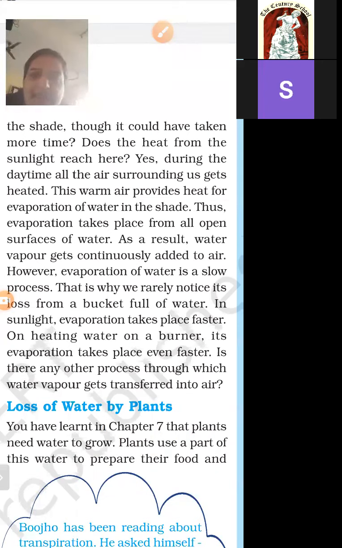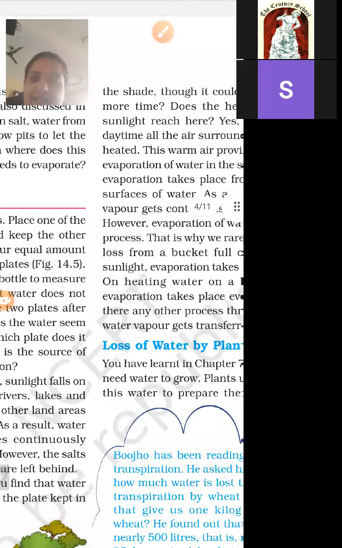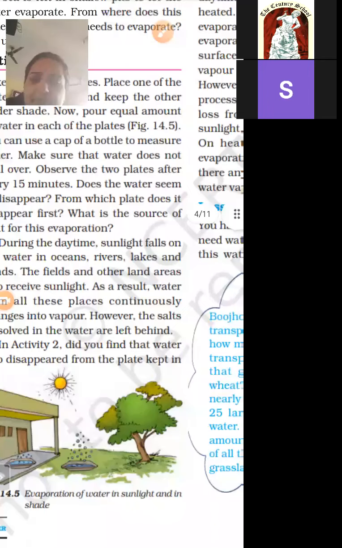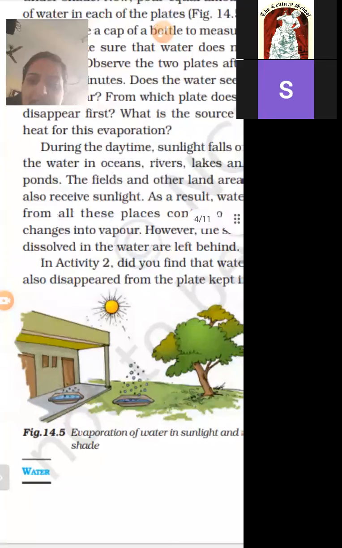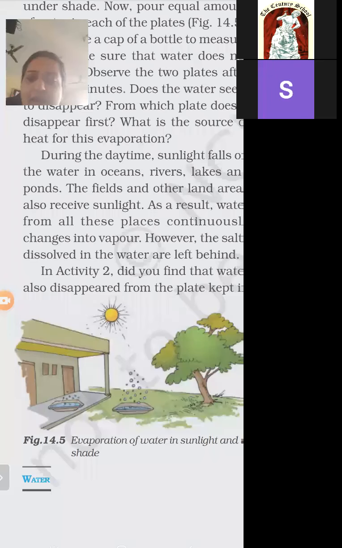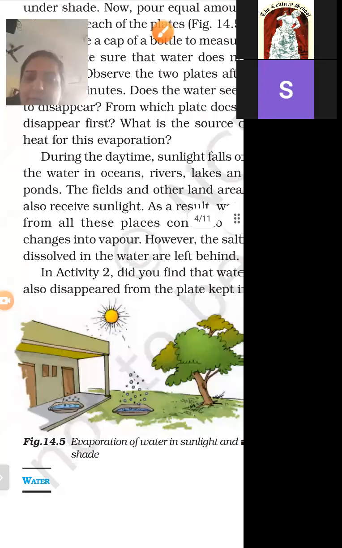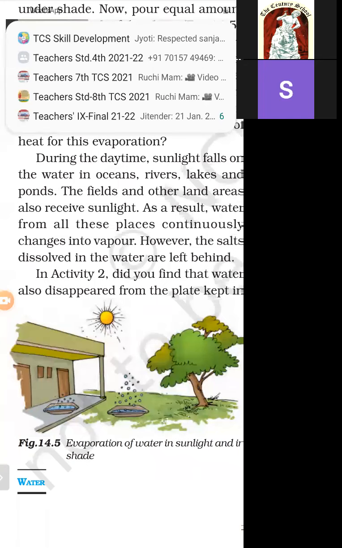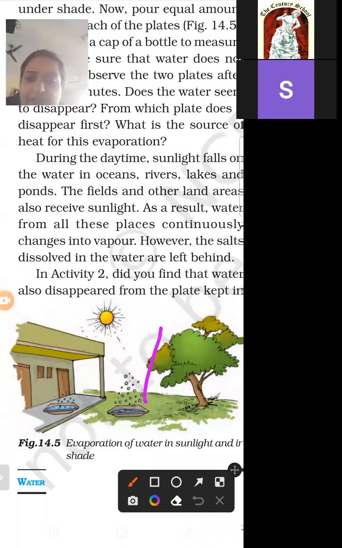During the daytime, all the air surrounding us gets heated, and the air around the plate also becomes warm, so water evaporates from there too. Water will evaporate in the first plate and in the second plate, but evaporation is faster in the first plate because it is kept under sunlight.